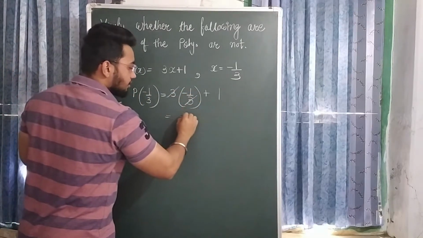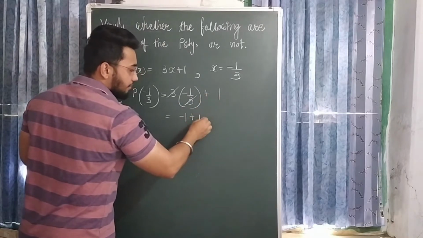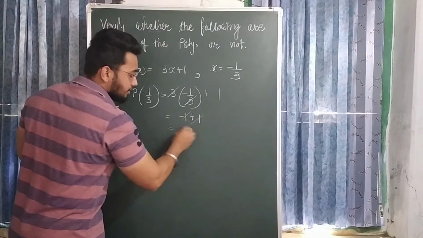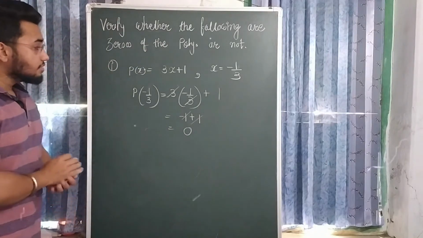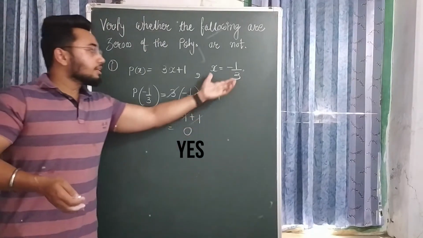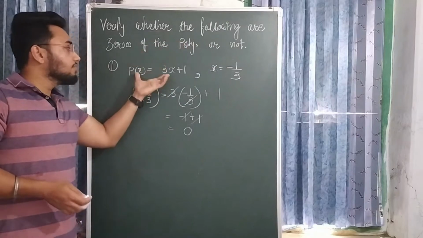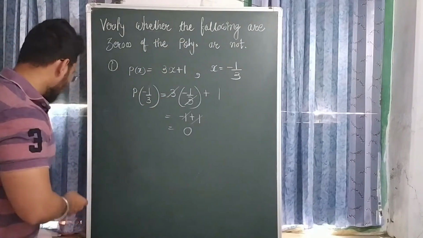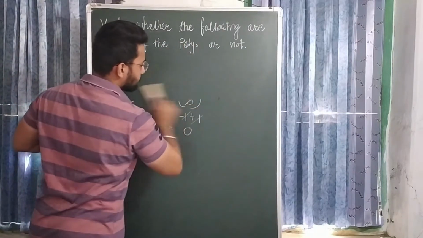Here is only minus 1 plus 1, minus 1 plus 1, and your answer is 0. Yes, your answer is 0. So now we can say that this number is a zero of this polynomial. Yes, we can say that. Now, next example.